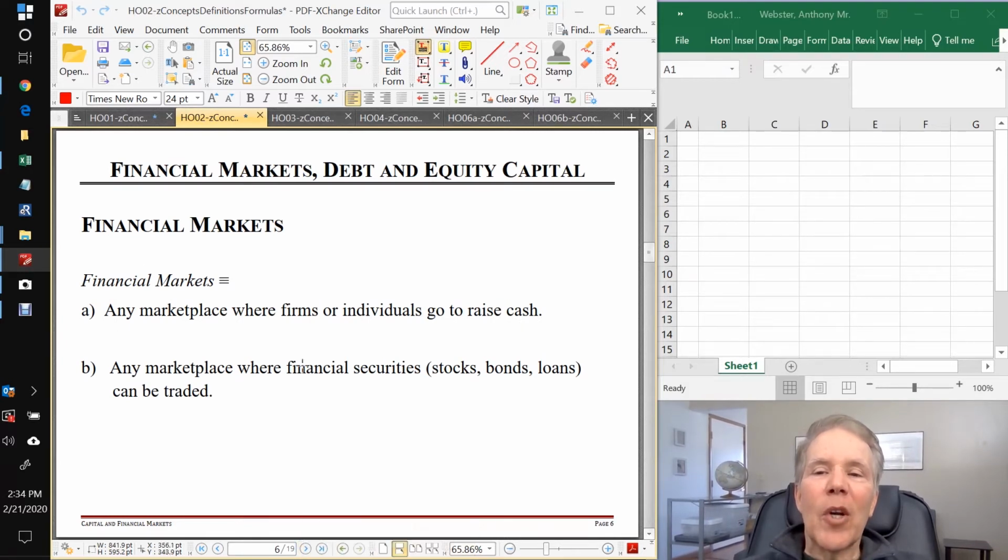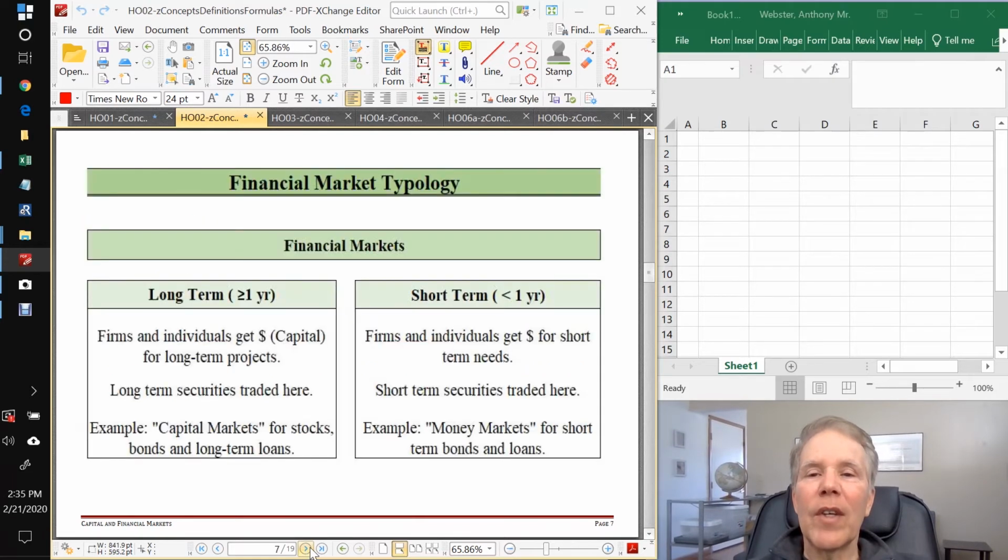And financial markets, we got into any marketplace where firms or individuals go to raise cash on the one hand, and also any marketplace where financial securities can be traded. So what are financial securities? Stocks, bonds, loans, all that stuff. Okay, and then we looked a little bit at typology. Financial markets are broken down into long-term and short-term. Short-term are typically called money markets, and there are whole classes on money markets.